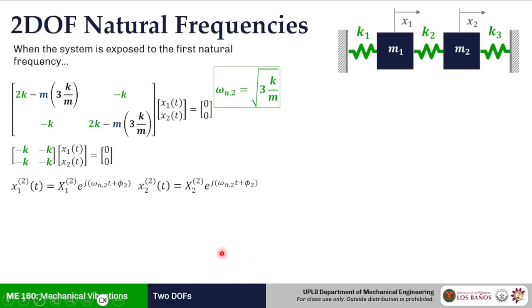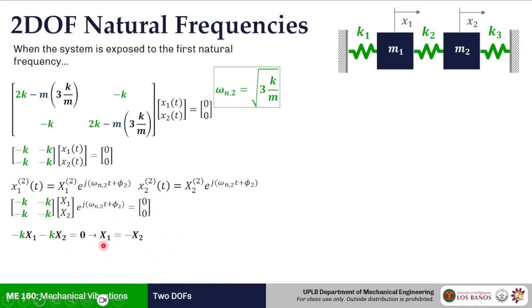For this second natural frequency, what you notice here is that our x1 and x2 are now denoted with a parenthesized 2. If you see parenthesis 2 as the superscript, that means they are linked to the second natural frequency. So both of these are vibrating at omega n2 currently. If you do the same process, you will end up with this relationship of x1 and x2.